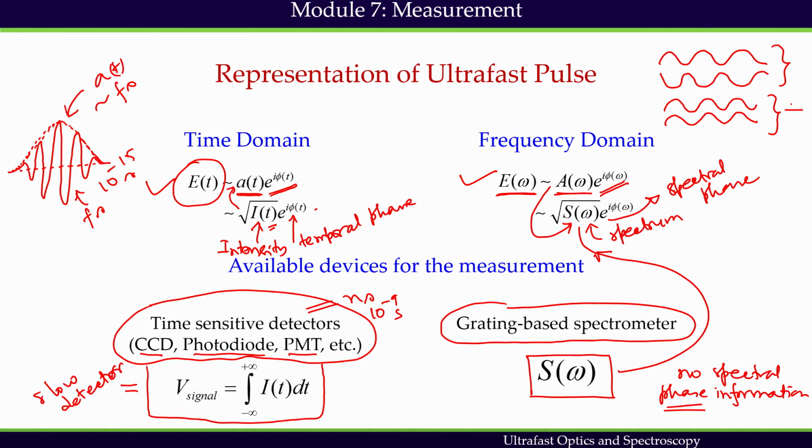So, this is contributing to the pulse, and this is not contributing to the pulse. That is why knowing how many frequency components we have in the pulse is not enough information. We need to know the relative phase of different color components.